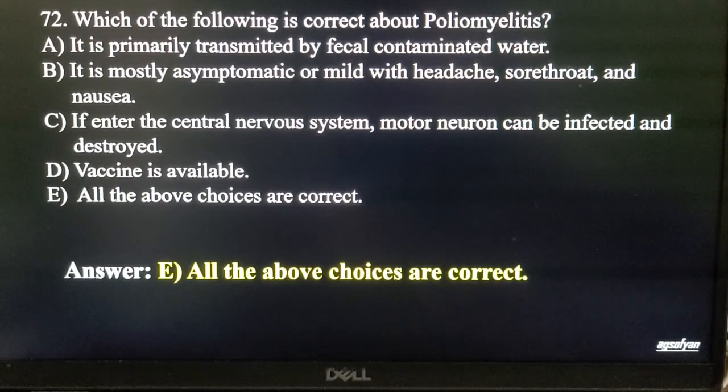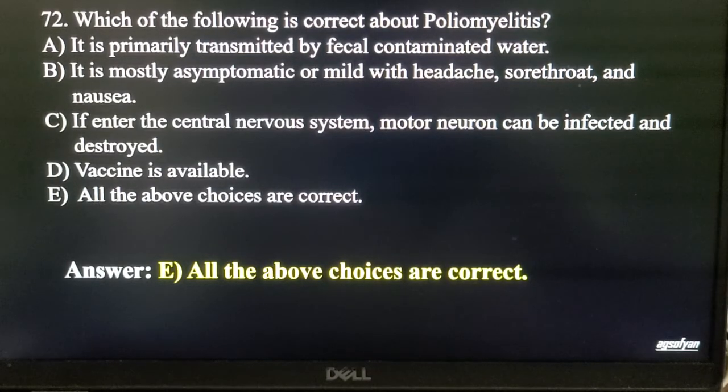It is asymptomatic. But about 2 to 5%, if the virus crosses the GI tract and enters the nervous system, then it is the problem.